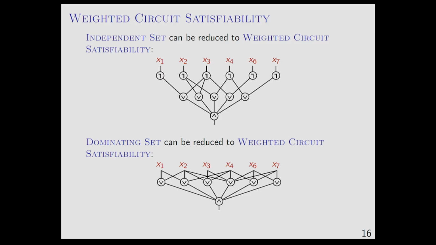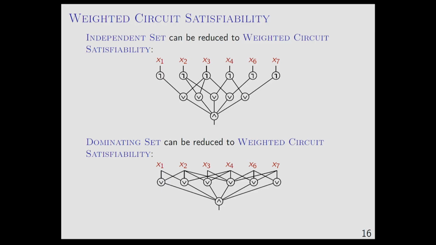For dominating set, again I have input gates corresponding to vertices of my graph. And this OR is basically the OR of the neighborhood of that vertex. So if x1, x2, x3, x4, x5 are neighbors, then you have an OR of all of these, which means that if you're looking for a dominating set, then for every closed neighborhood of a vertex, you should pick at least one vertex.